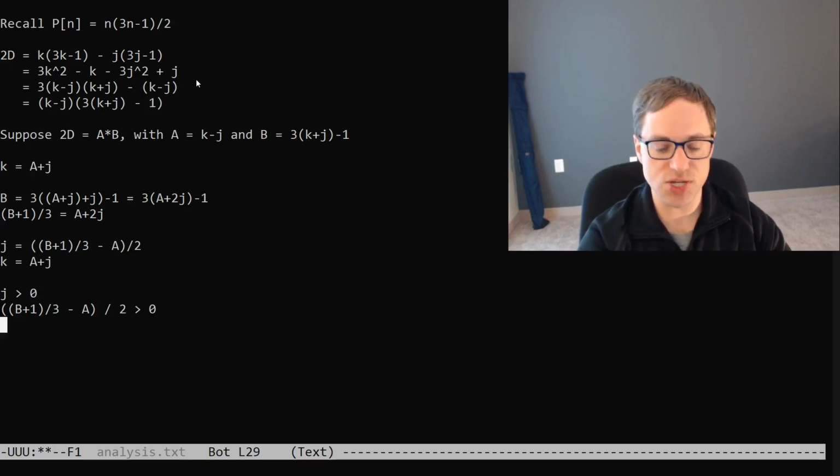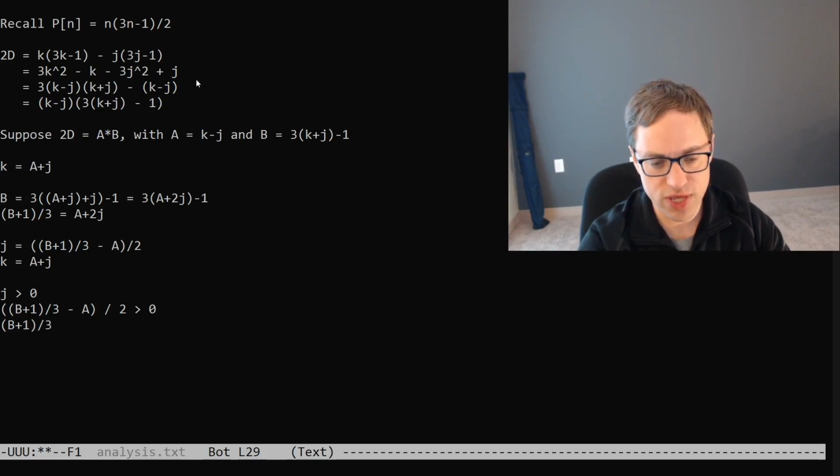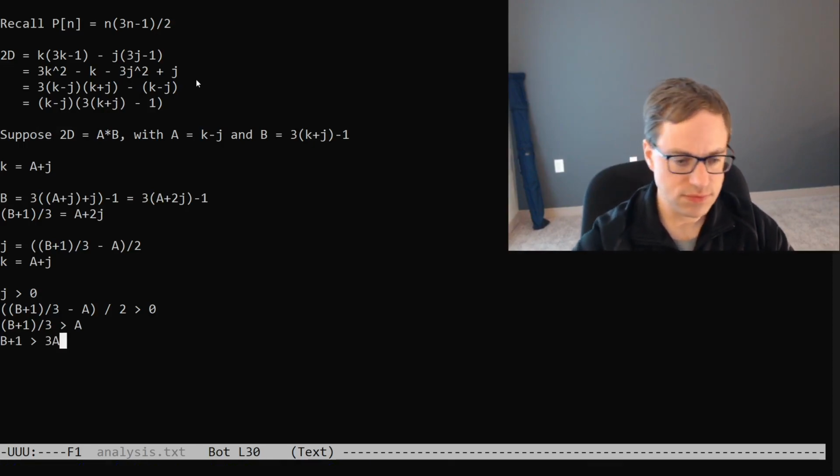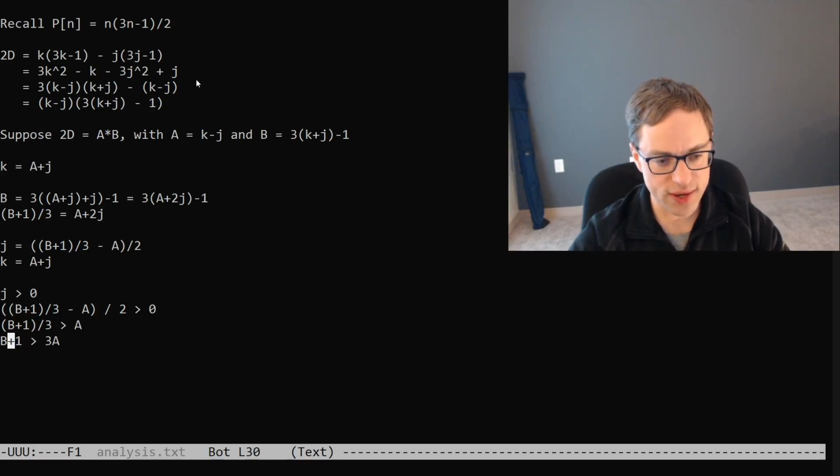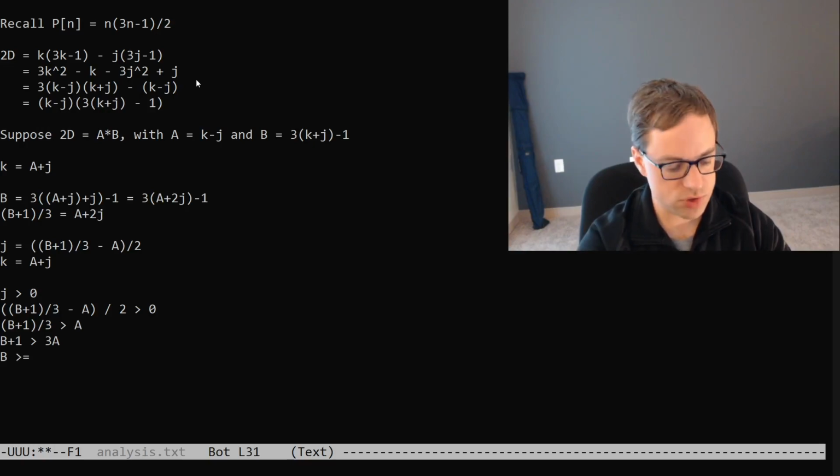Multiplying both sides by 2 and adding a to both sides, you get b plus 1 over 3 is greater than a. And then you get b plus 1 is greater than 3a. Now, since b and a are integers, we can get rid of this plus 1 and make this greater than or equal to. So we'll say b is greater than or equal to 3a.